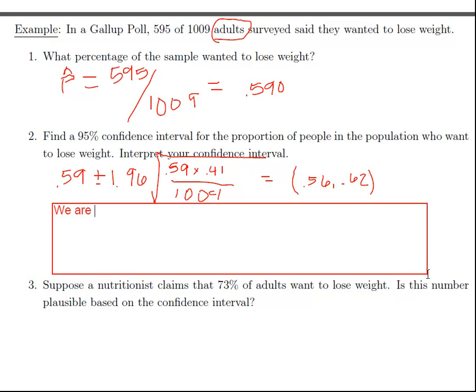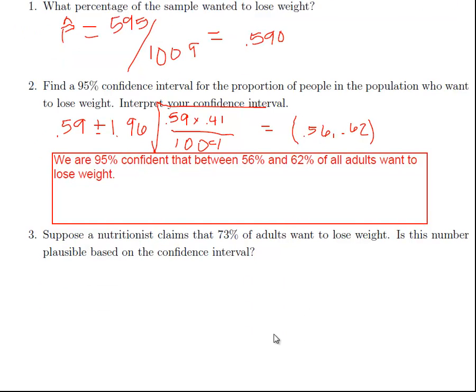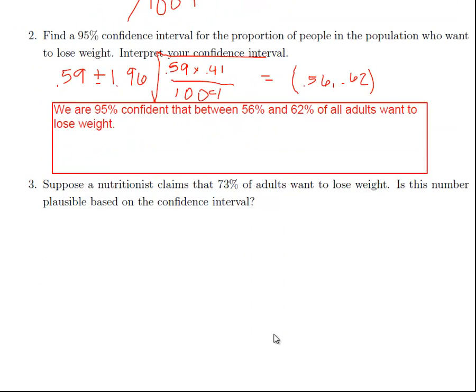So we are 95% confident that between 56% and 62% of all adults want to lose weight. Sorry. All right, so that's the interpretation. I usually change it to percent when I interpret it.